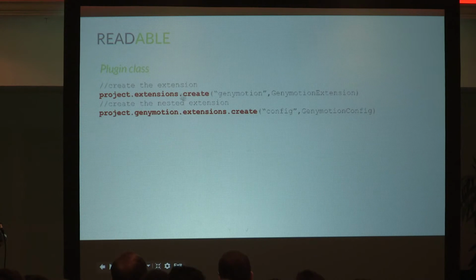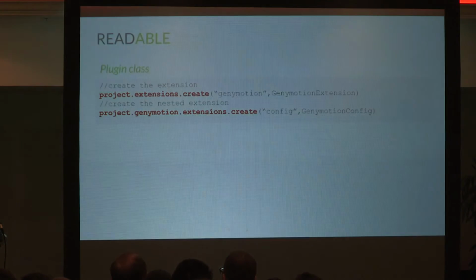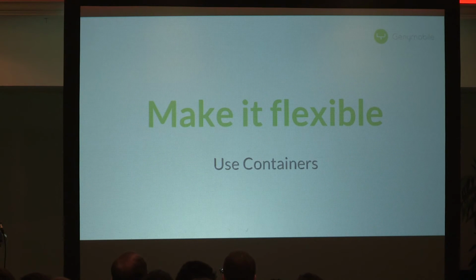That's exactly the same API as the project, so you can nest extensions. And I declare a config name, and then Genymotion config, that's the type that will be instantiated. So that's the type of my POJO for my extension. And that's all. That's quite easy.